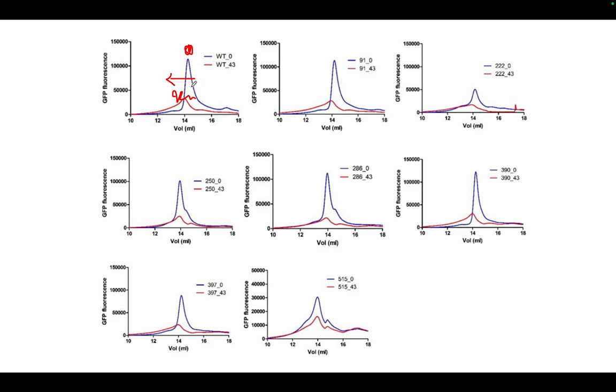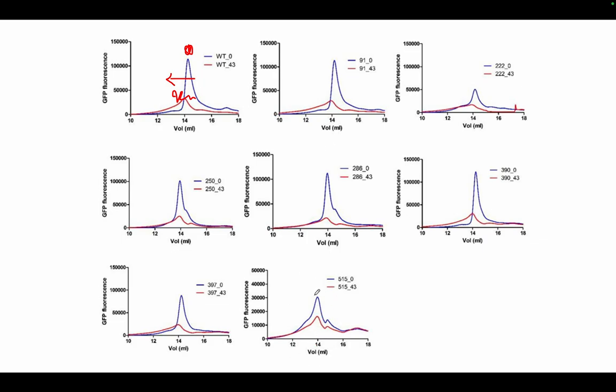Okay, and based on the amount of shift, you can get an idea of how stable these proteins are. So all of them have been heated to the same temperature, 43 degrees, but compare this protein, okay? The peak has shifted a lot and it's become really flat, right? So this protein is obviously not stable at 43 degrees. But then compare that to this last protein over here.